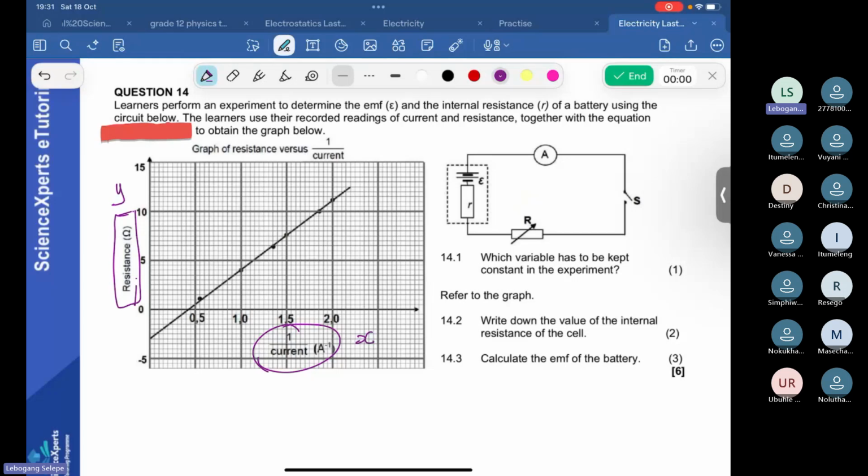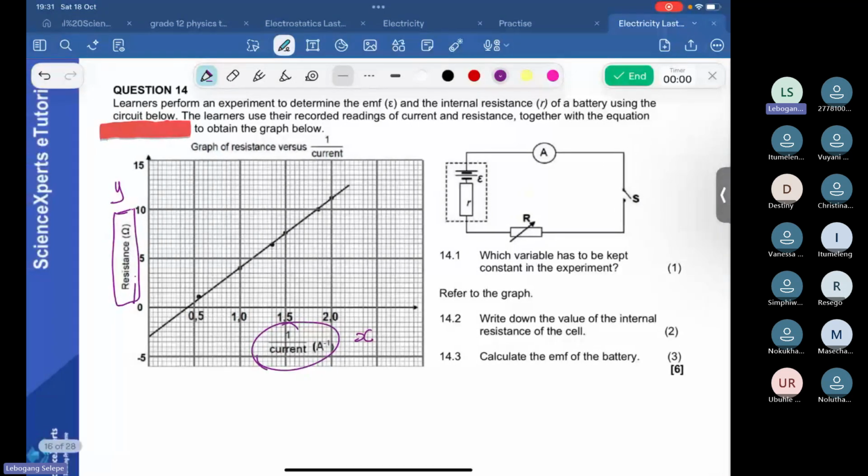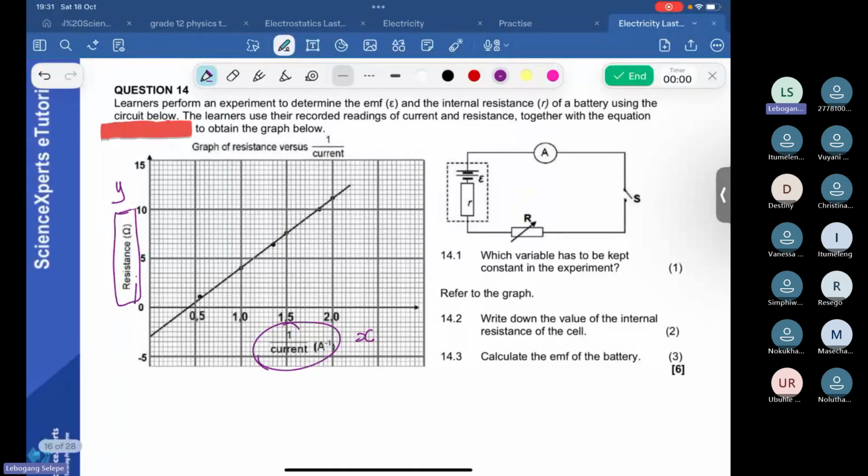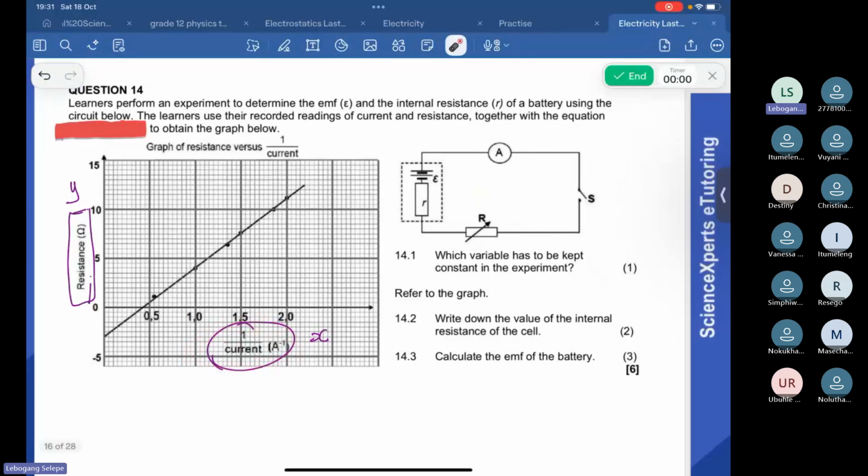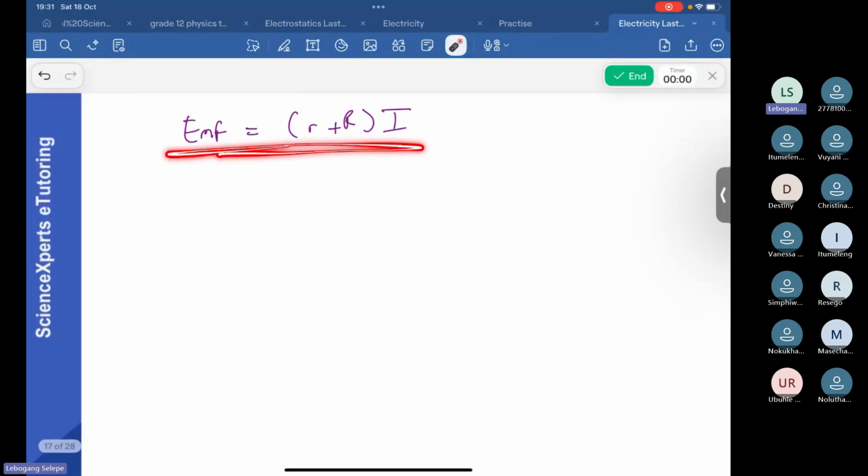So from the equation, let's make the capital letter R the subject of the formula, guys. Do you agree that's what we have to do, right? For any graph, we need to do that so that we know the relationship. We're going to look for a formula that relates external resistance and current. So it's the EMF formula, right?